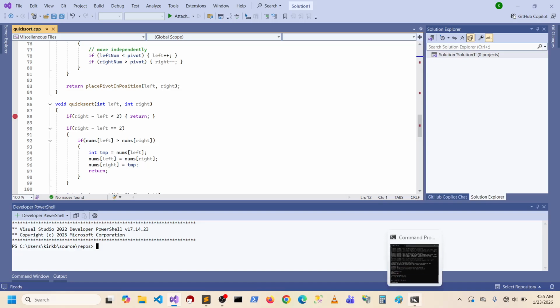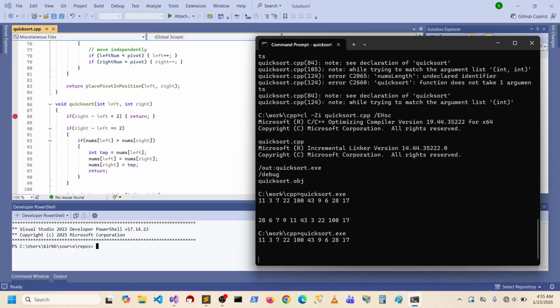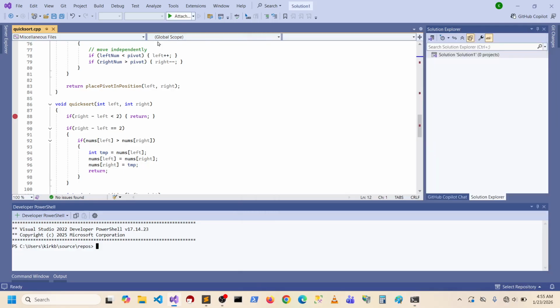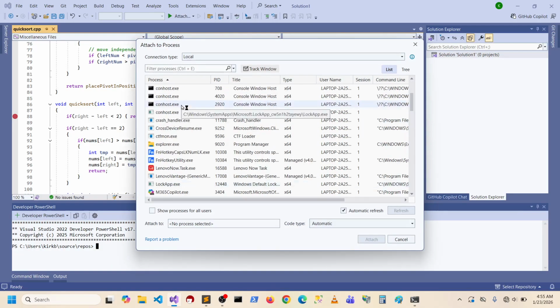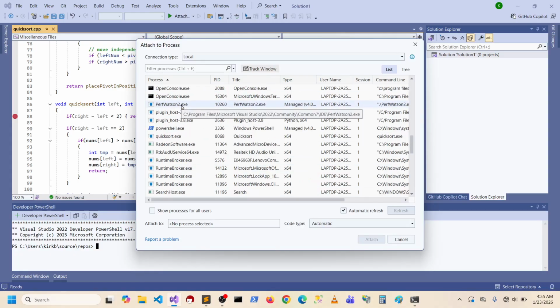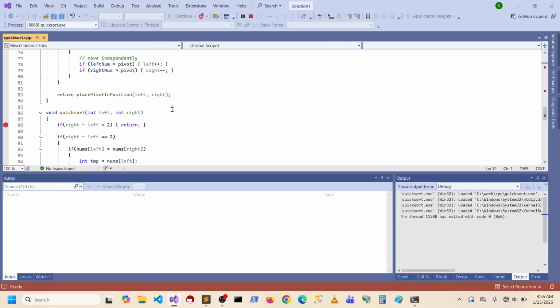All right, let's run it. Wait, I don't need that. All right. Let's attach. Where are you at? Quicksort. There. All right. Let's do it.